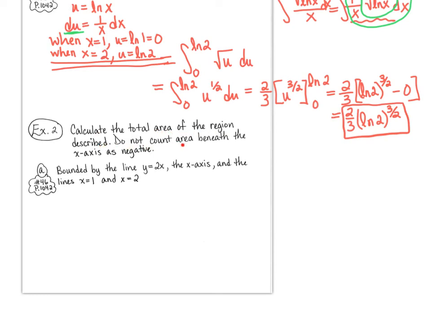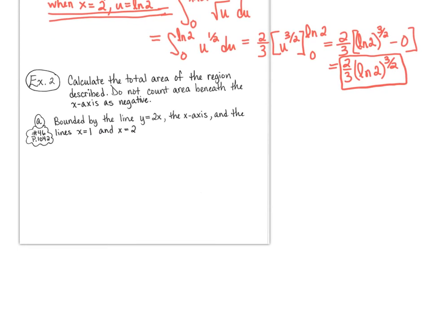Do not count the area beneath the x-axis as negative. So we want to calculate the area of the region bounded by the line y equals 2x, the x-axis, and the lines x equals 1 and x equals 2.